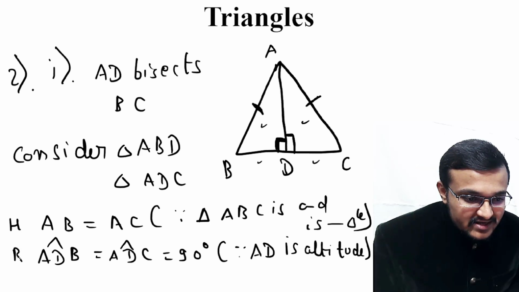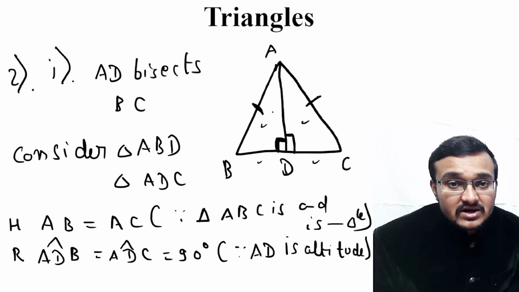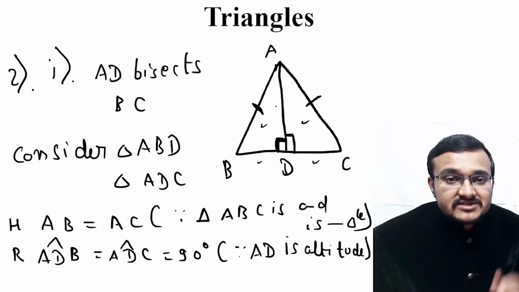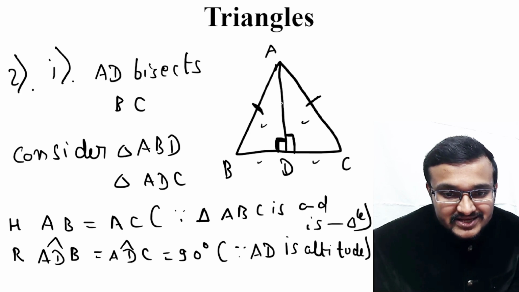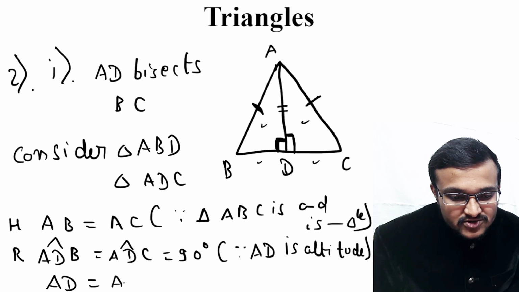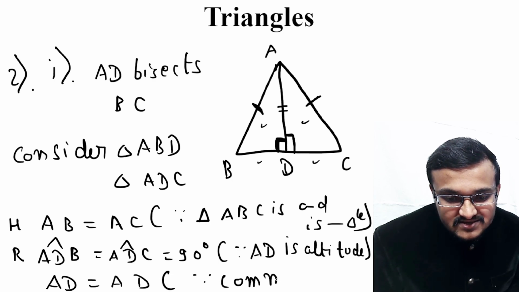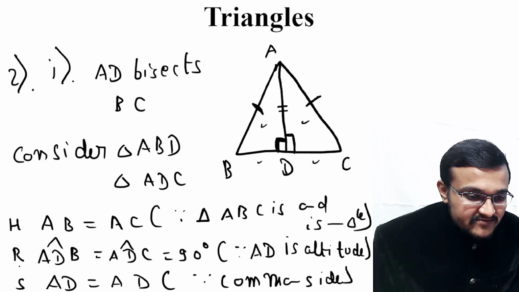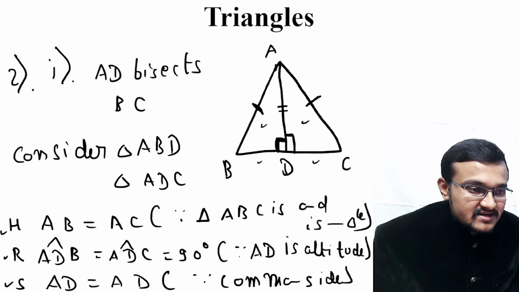So we have proved one right angle. Now we have to prove one more side, apart from the hypotenuse, equal. Here you can see AD acts as the common side for both triangles. So AD is equal to AD because it is a common side. Therefore we are getting the RHS theorem.